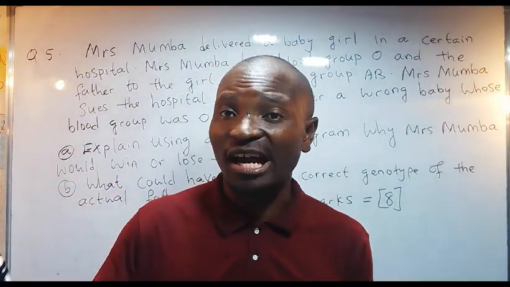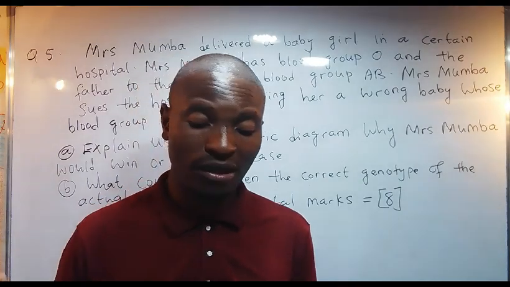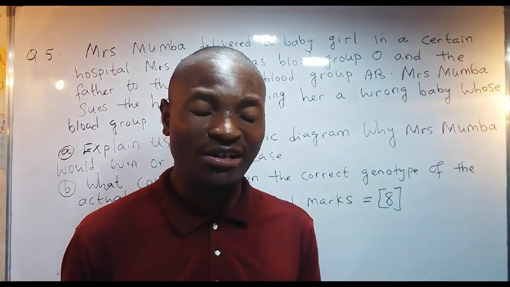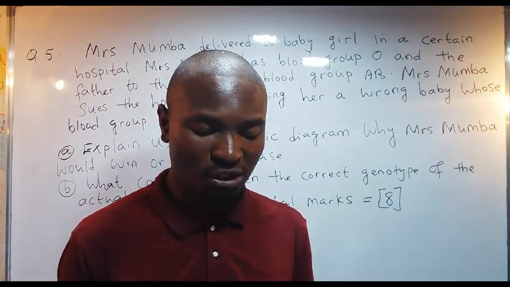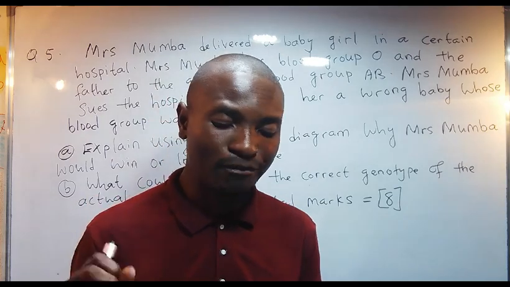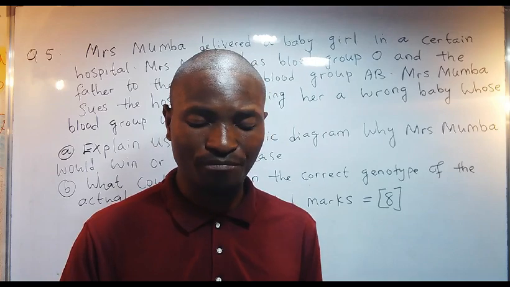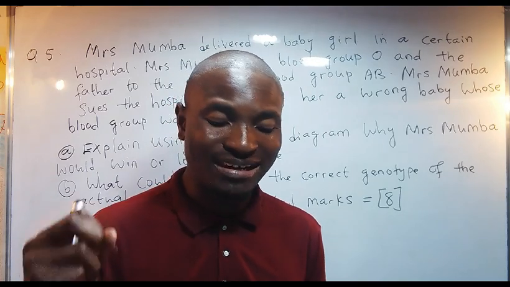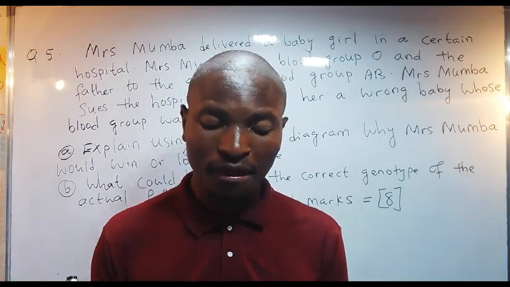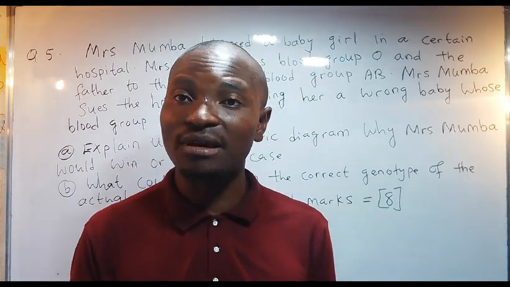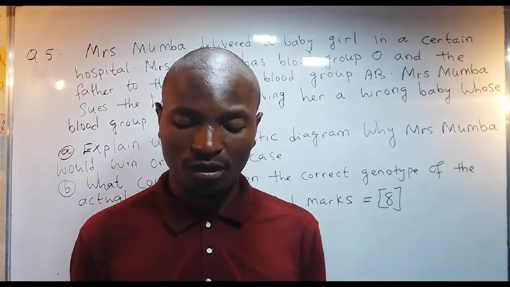The question is kind of a statement, so we need to pay much attention to grasp what is in that statement. Mrs. Mumba delivered a baby girl in a certain hospital. Mrs. Mumba has blood group O, and the father of the girl has blood group AB.